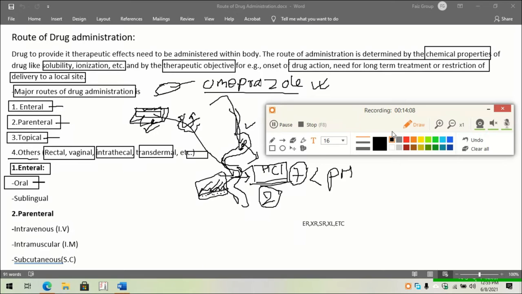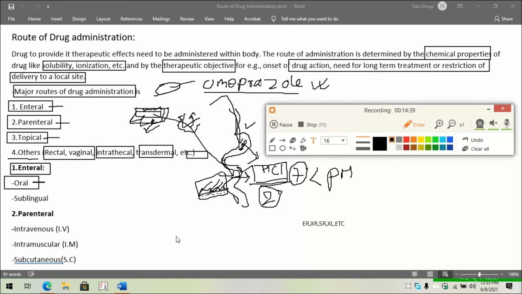And the buccal route involves placement of the drug between the cheek and the gum. Both the sublingual and the buccal routes of absorption have several advantages, including ease of administration, rapid absorption, bypassing the harsh gastrointestinal environment, and avoidance of first-pass metabolism.